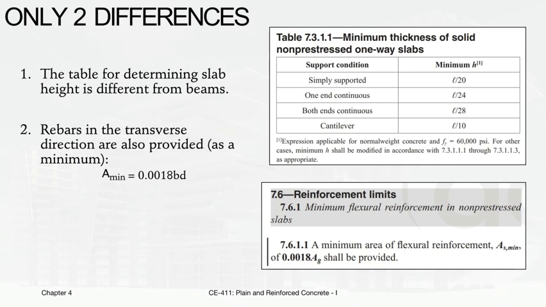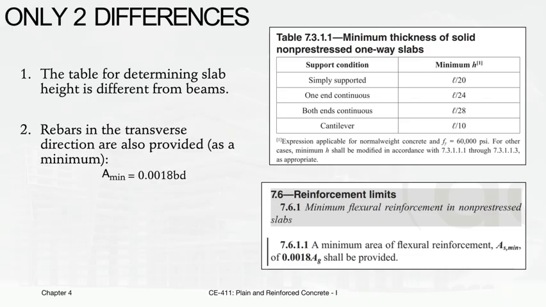If you look at table 7.3.1.1, the minimum thickness of solid non-prestressed one-way slabs, the support conditions are simply supported, one end continuous, both ends continuous, and cantilever. The minimum thickness has been given for each condition. For simply supported, it is L by 20. For the beam, it was L by 16, and here it is L by 20. So that's one major difference.